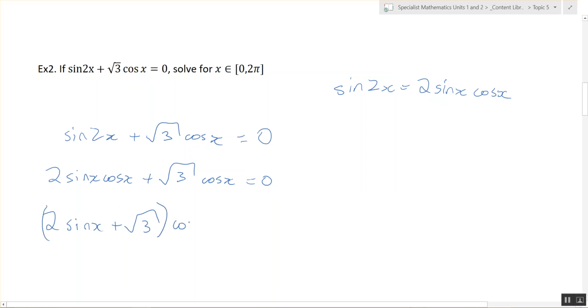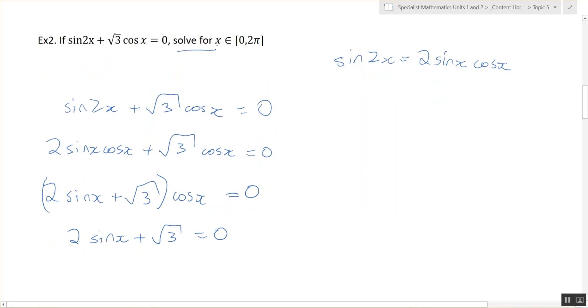So we're going to bring the cos x out. Now we do this because now we can eliminate the cos x by dividing both sides by cos x. And we're just left with sine x.